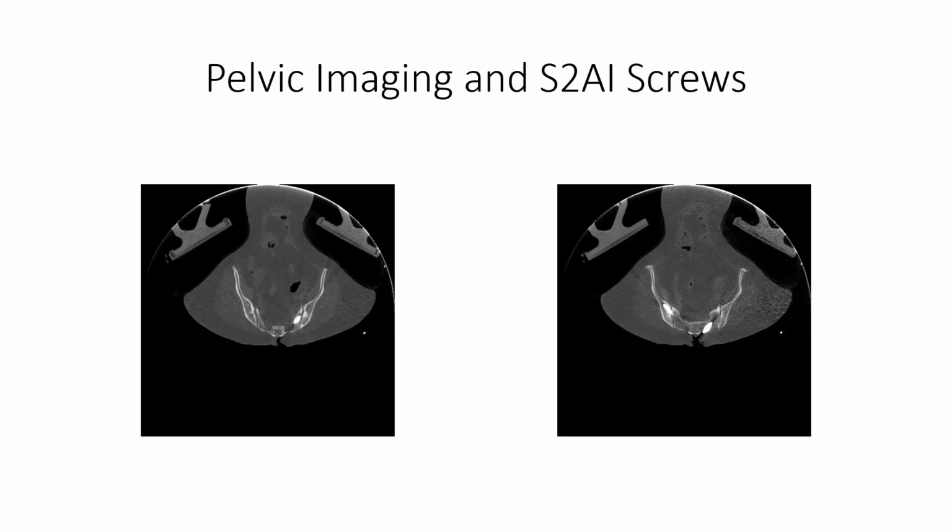I think it's very, very good for placing screws into the pelvis. Because of the field of view, you can see the entire pelvis, so you don't need to take multiple images. And as you can appreciate, as you're crossing the SI joint, there are different areas with more or less density that you may want to pierce with your screws.